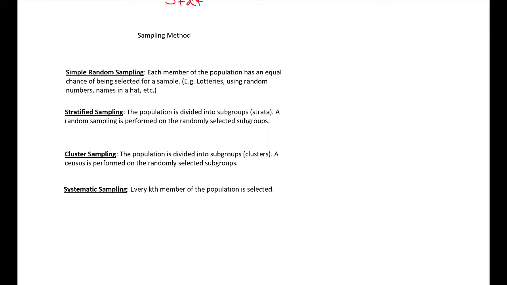What I mean by that is that there is no inherent bias in your selection, meaning everybody has an equal chance of being selected. For instance, a classic example is, let's say that we wanted to figure out the most popular alma mater in the nation.